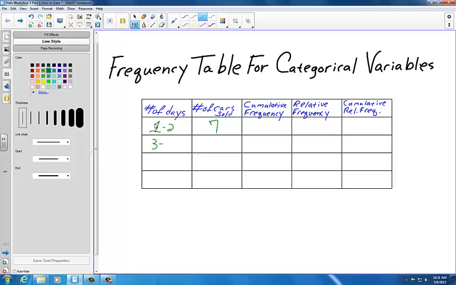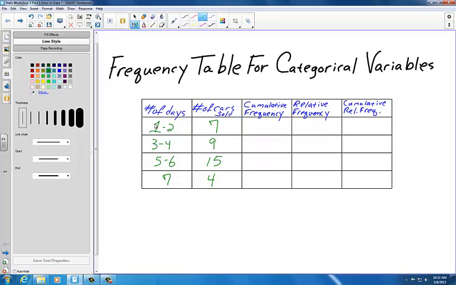On days 3 and 4, the dealership sold 9 cars. On days 5 and 6, this dealership sold 15 cars. And on day 7, the last day of the week, the dealership sold 4. So we have filled in our first 2 columns of our frequency table.